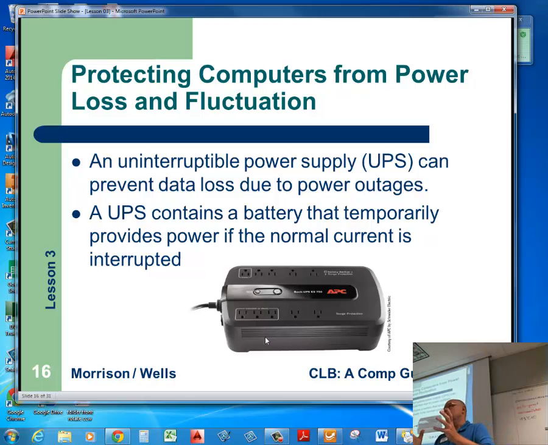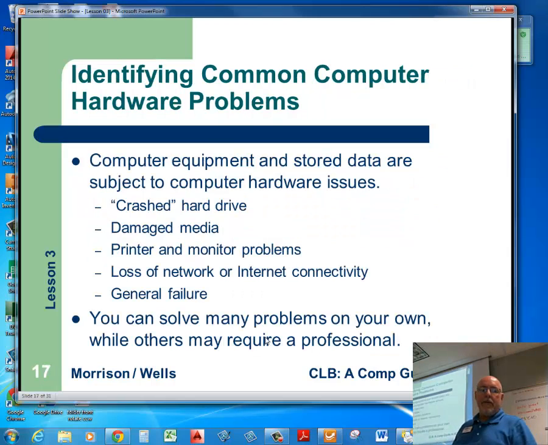I'm so used to saying universal for the U. They're relatively inexpensive, in the couple of hundred dollar range for one that would last for a few minutes, at least enough time to let you save things. Then all the way up to ones that run for days or maybe even longer. Then you need a generator.